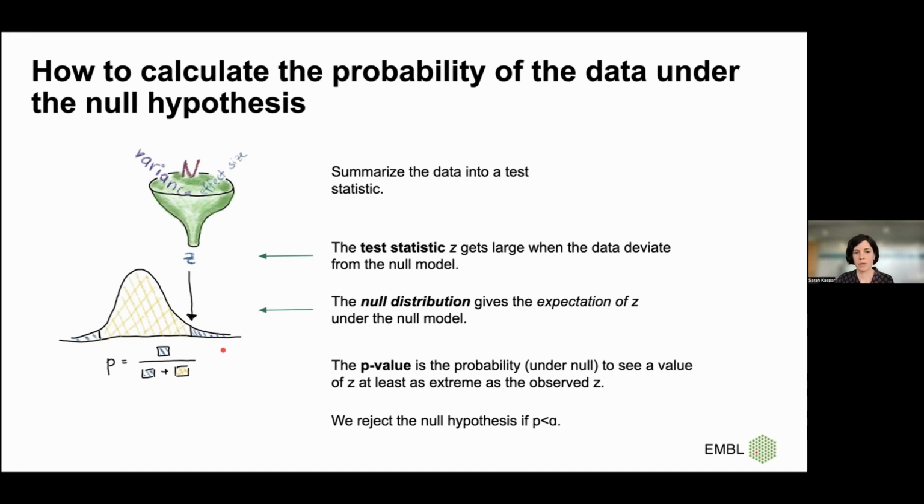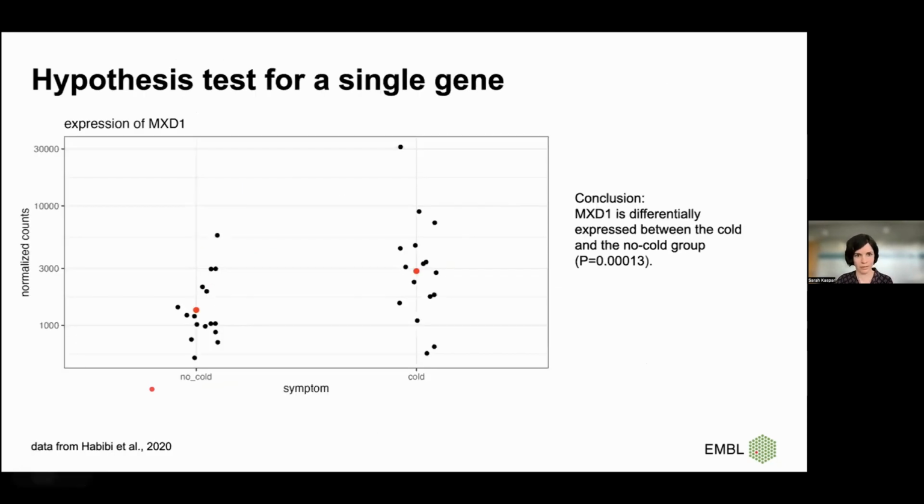And then we can make a decision: we can reject the null hypothesis if the p-value is below some significance level alpha. The convention is 5%, but this is completely arbitrary. You could also pick your own alpha if you wanted to.